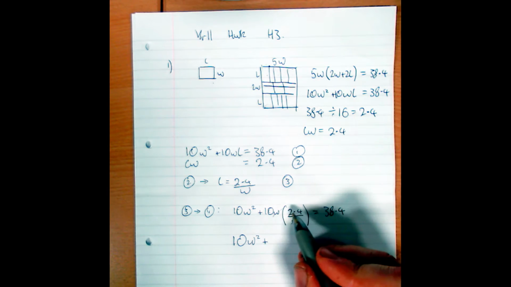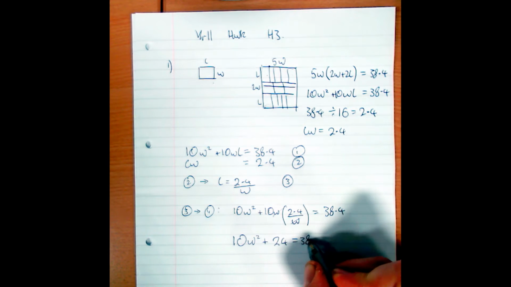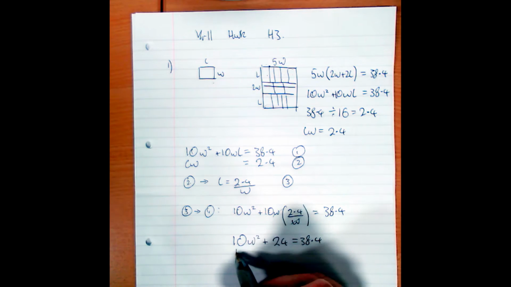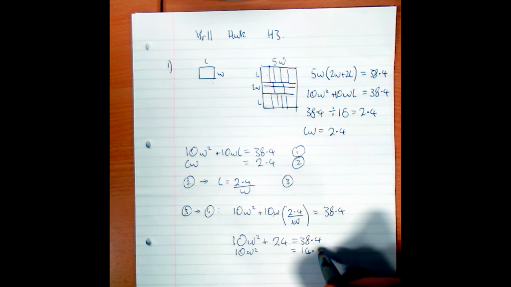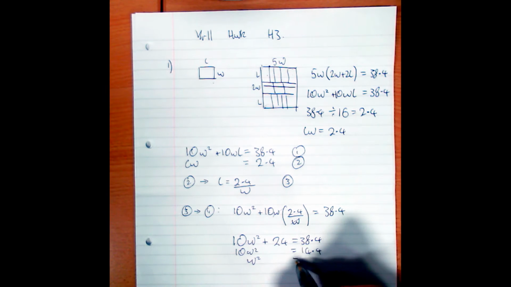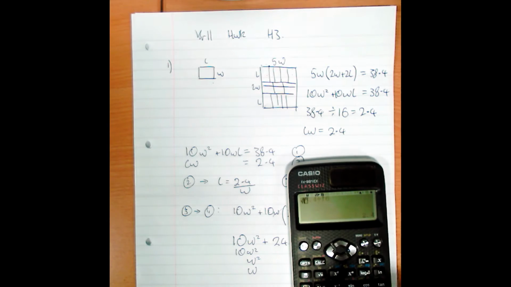So it's 10 times 2.4, that's 24, equals 38.4. That means that 10W squared, 24 off of both sides, is 14.4. So divide both sides by 10, W squared is 1.44. And W is the square root of 1.44, which is 1.2.